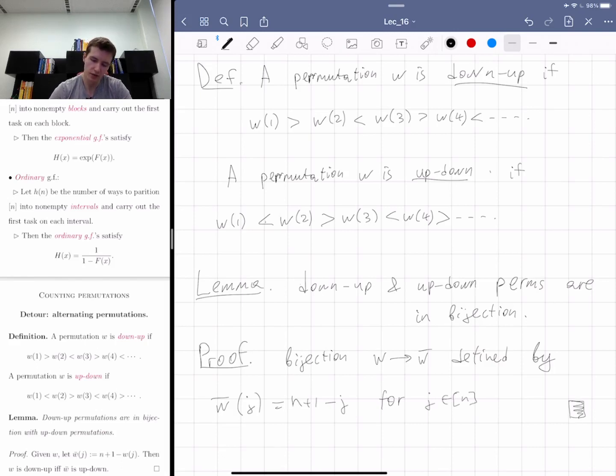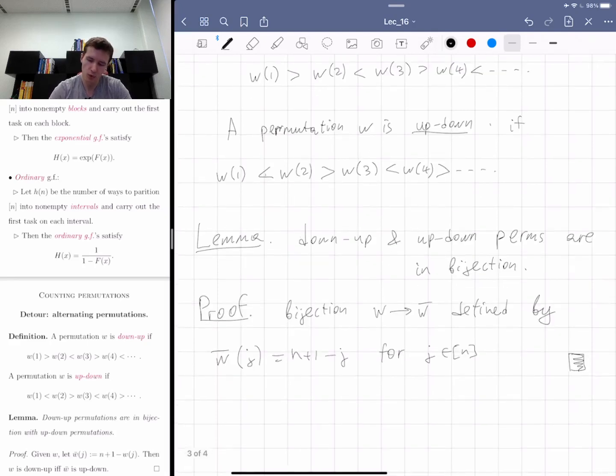What is this formula? You replace 1 by n, 2 by n minus 1, and so on. You just flip each number upside down in the interval bracket n, you reverse the order basically, and then all these inequalities are going to be reversed.